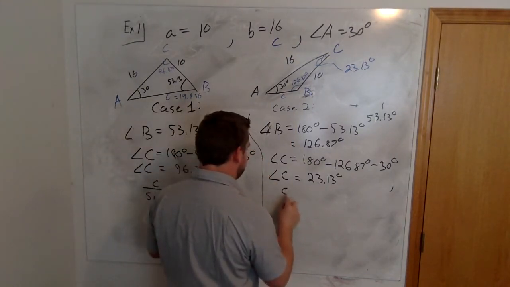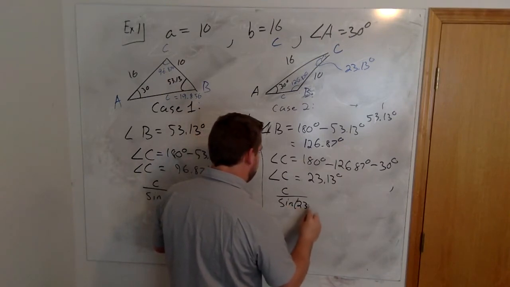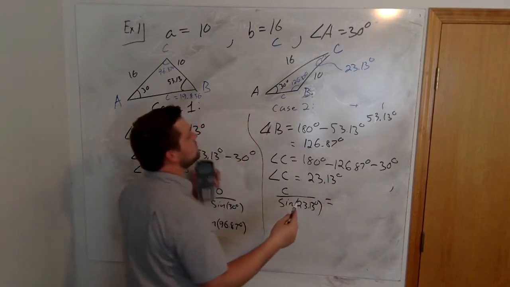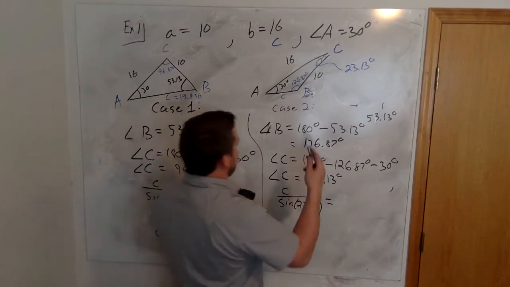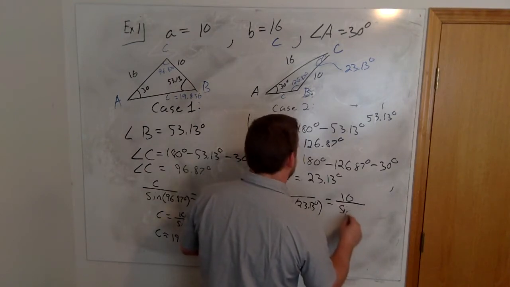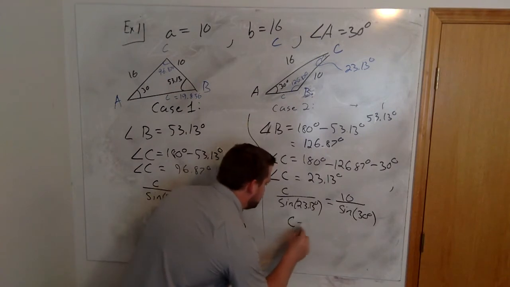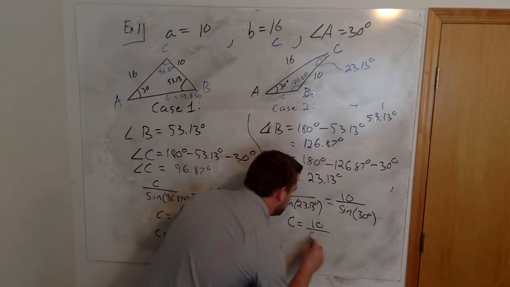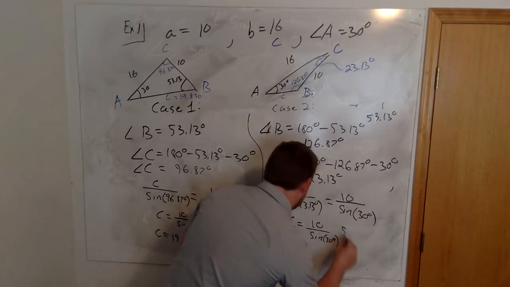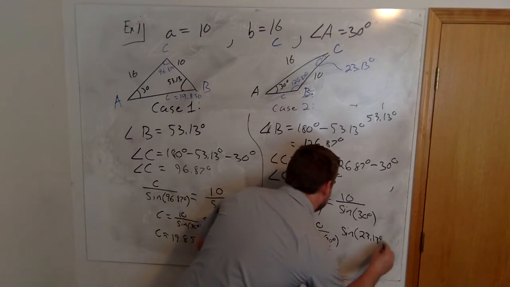Okay, let's figure out what C would be. So we'd have side length C over the sine of 23.13 degrees. Okay, that'll be equal to, how about we also do 10 over the sine of 30 degrees. So we'd have that C be equal to 10 over the sine of 30 degrees times the sine of 23.13 degrees.